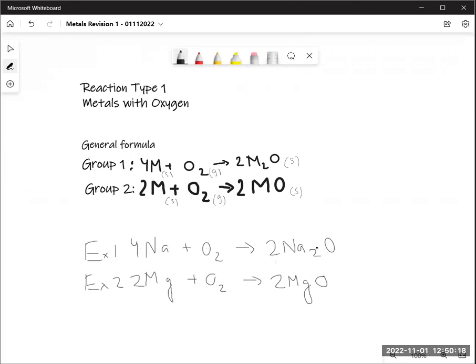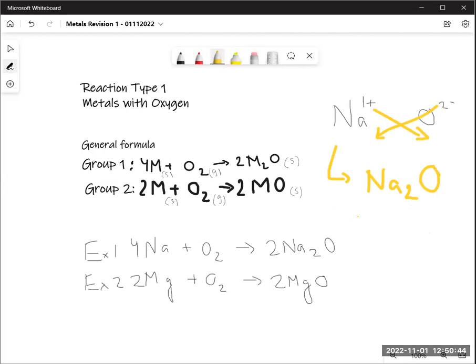How do we form these ionic equations? Don't just blindly follow it. Understand what's happening. Oxygen is 2 minus, Na is 1 plus. All you have to do is take this and this, and that will give us Na, the 2 comes here, and O1. We don't have to write 1, so Na2O.